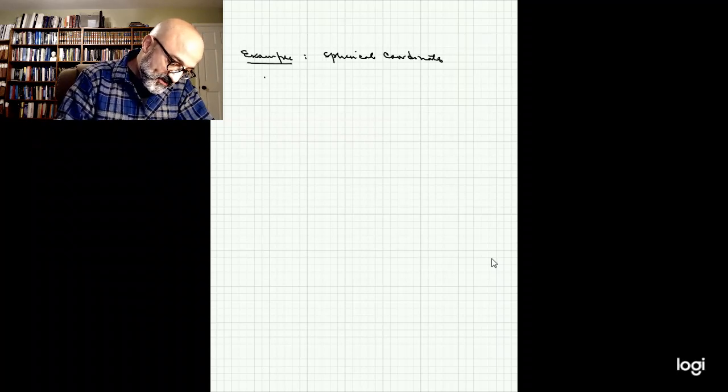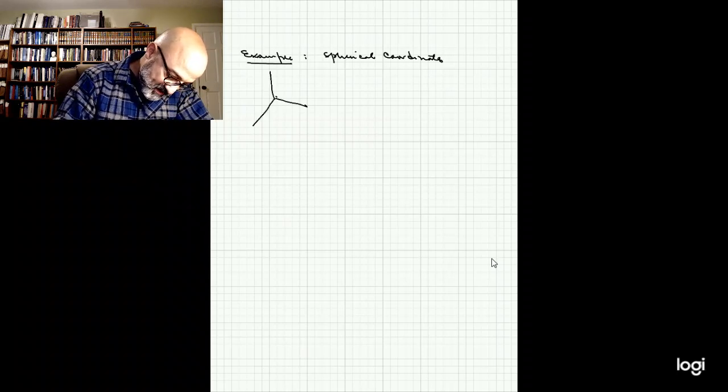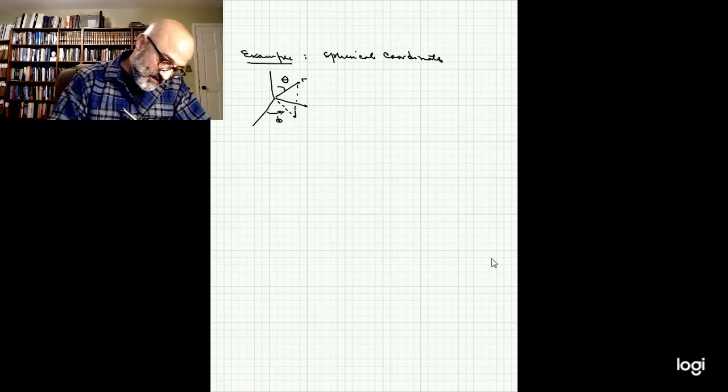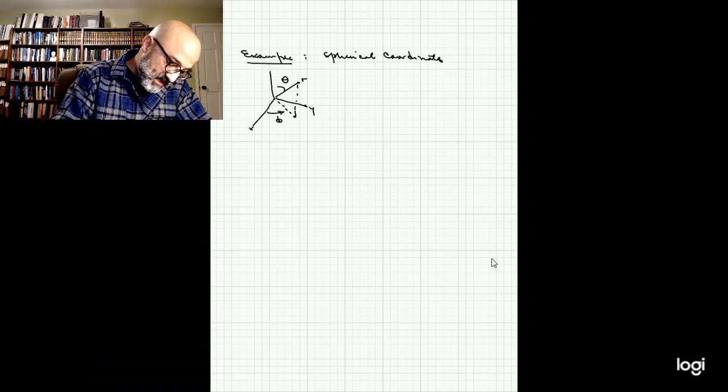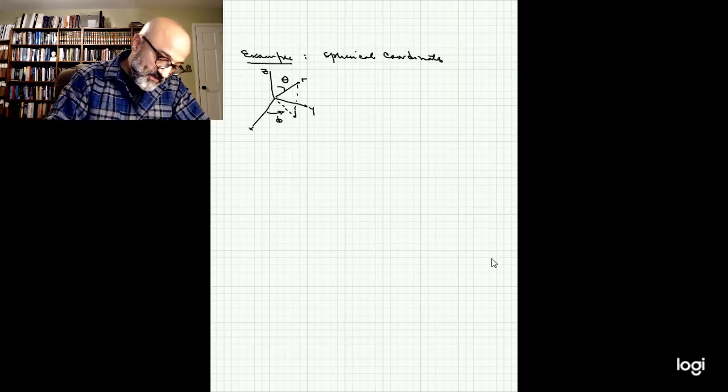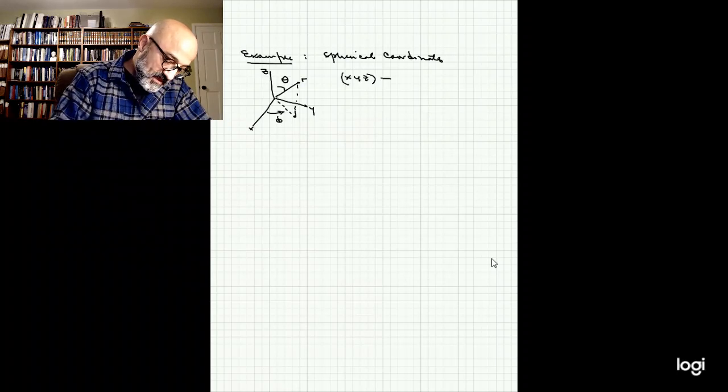By spherical coordinates I just mean the usual ones: r, theta, and if you project down, the azimuthal angle is phi. This is the connection between the Cartesian coordinates x, y, z, and r, theta, phi. So we go from x, y, z to r, theta, phi.